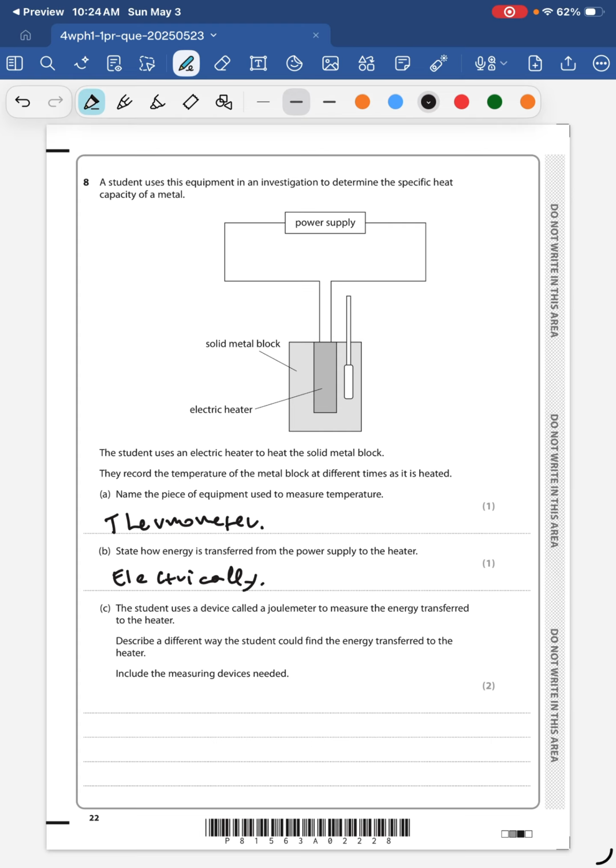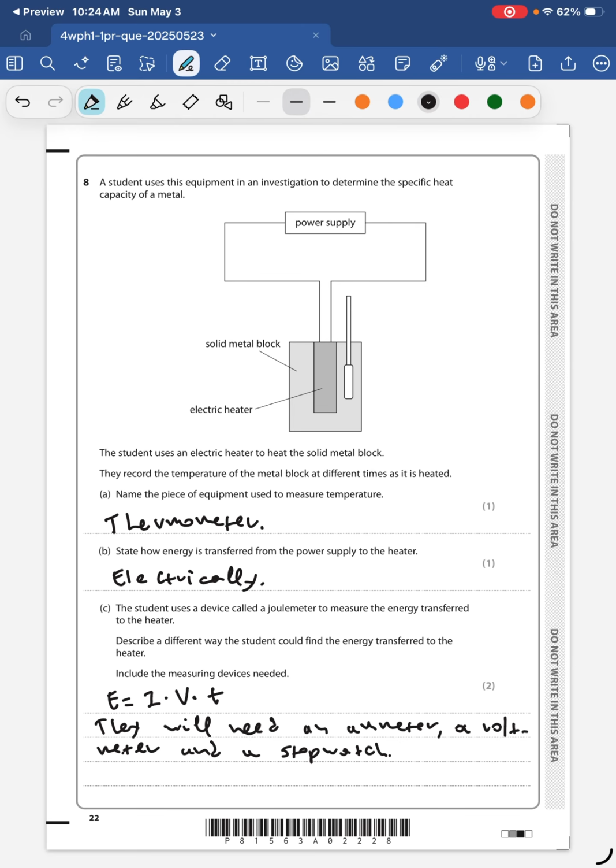So we can find the energy by multiplying current times voltage times time, okay? So to find all these measurements, they will need an ammeter, a voltmeter, and a stopwatch.